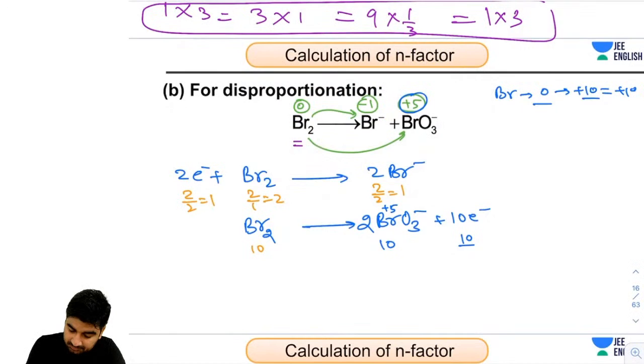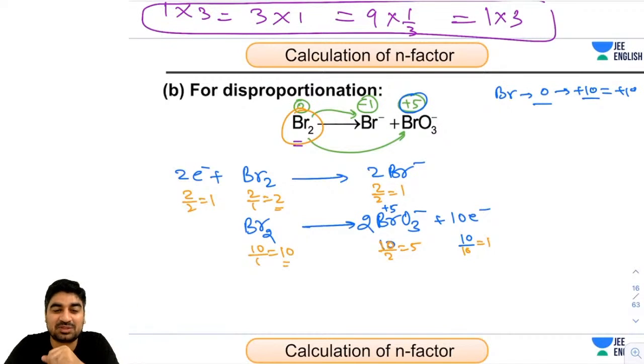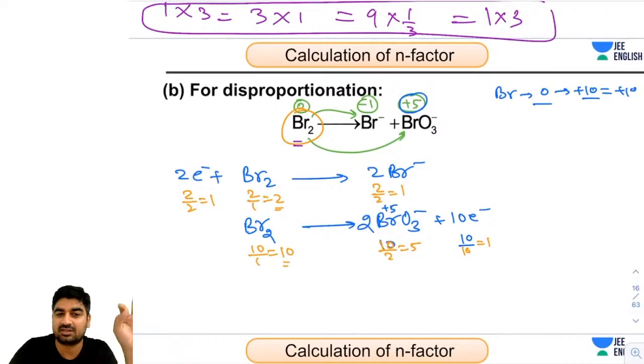So I'm going to get 10. So guys, for bromine, in the first reaction I am getting n factor 2, and in the second reaction I am getting n factor 10. So in this reaction there is only one bromine, so it cannot have two n factors. That's why I was saying the best approach is to balance the complete reaction, and then you will always get the correct answer, right?